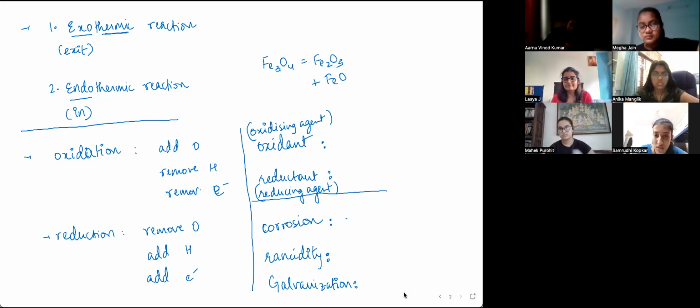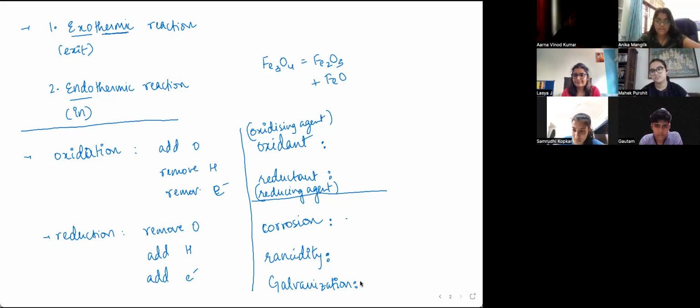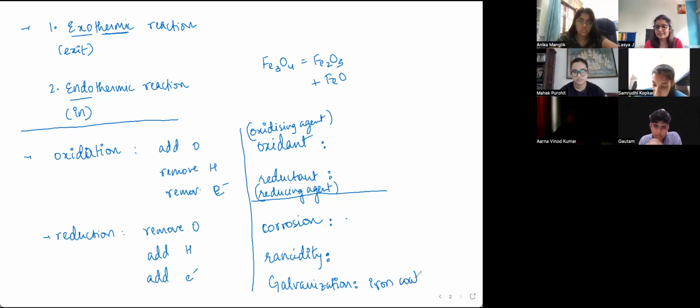Which metal? Zinc. No, you said we coat the metal with a layer of zinc, right? So which metal? I'm not sure, iron? Iron is correct. Galvanization is when iron is coated with zinc.